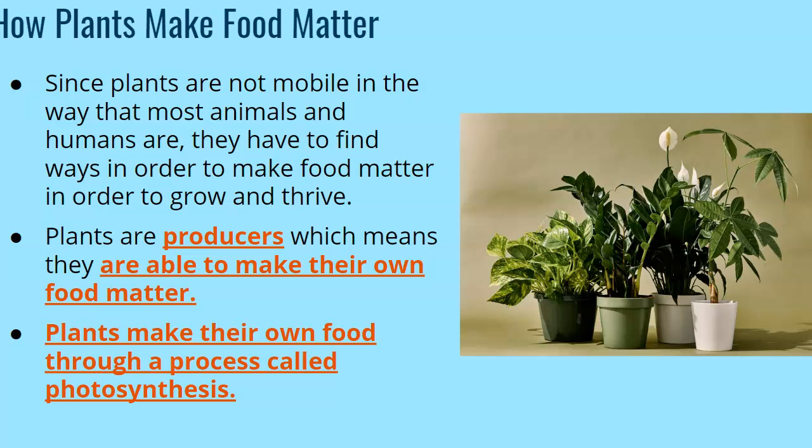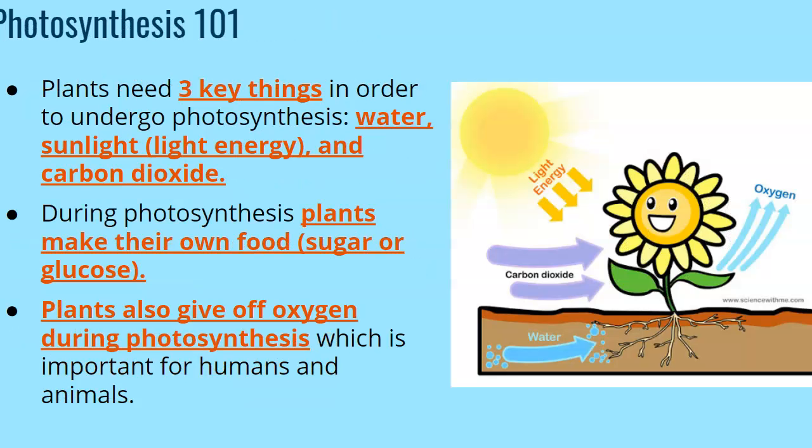Since plants are not mobile in the way that most humans and animals are, they have to find ways to make food matter in order to grow and thrive. Plants are producers, which means they are able to make their own food matter. Plants make their own food through a process called photosynthesis. Photosynthesis 101.